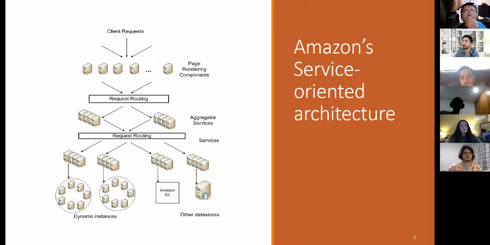The dynamic web content is generated by page rendering components, which in turn query many other services. A service can use different data stores to manage its state, and these data stores are stateless, as well as the aggregators, which are used by other services to produce a composite response.